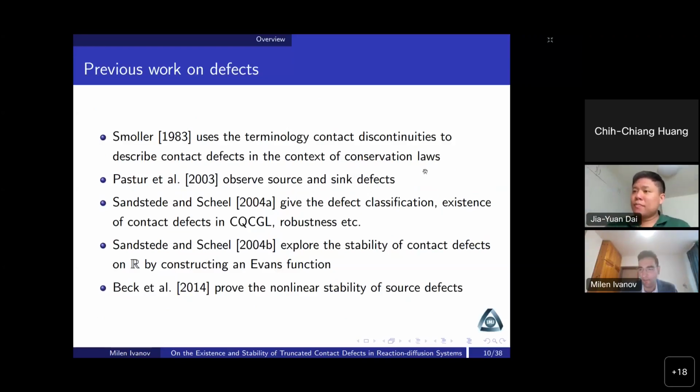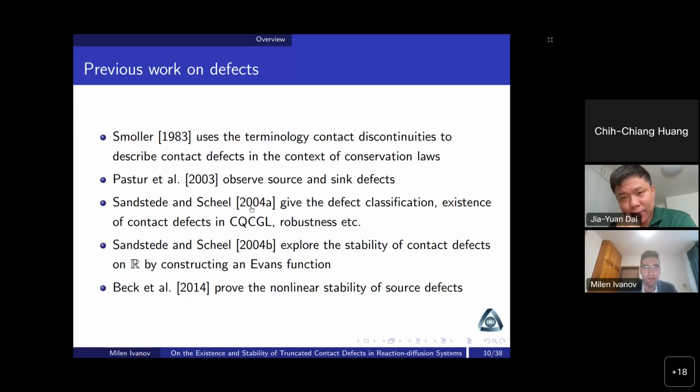So not in a reaction diffusion system, but in a conservation law, they see some defects, and he called them contact discontinuities. Björn and Arnd borrowed the terminology and called it contact defect. In one of the previous images, I showed experimental observations of sources and sinks.